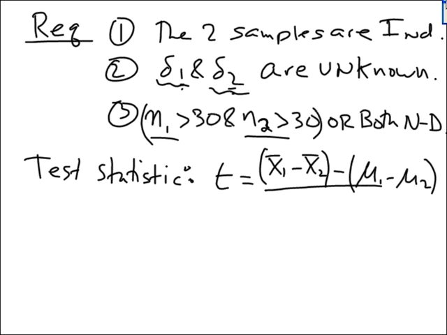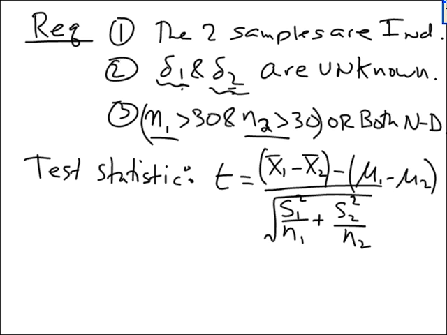And this all gets divided by the square root of s1 squared over n1 plus s2 squared over n2.